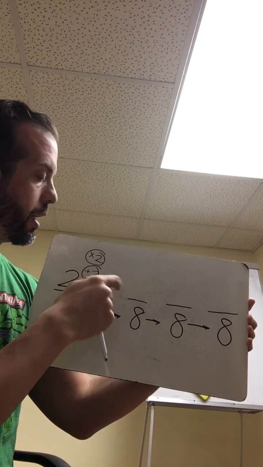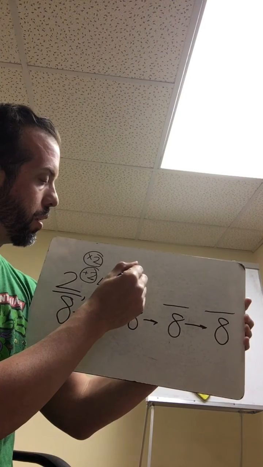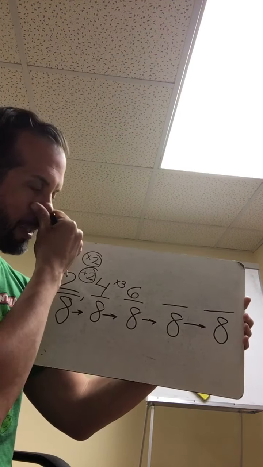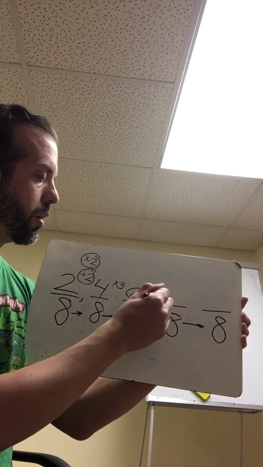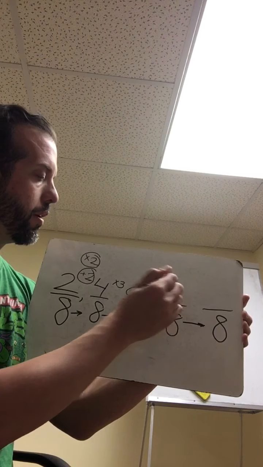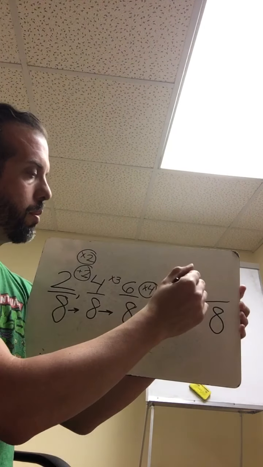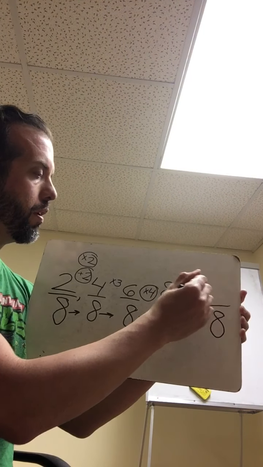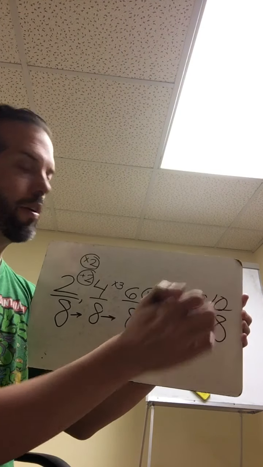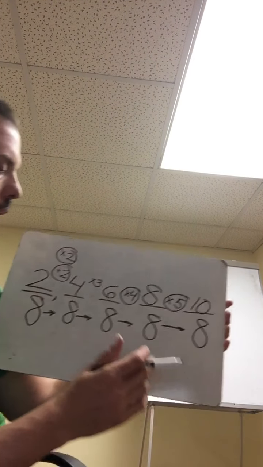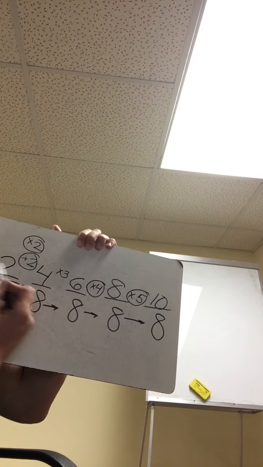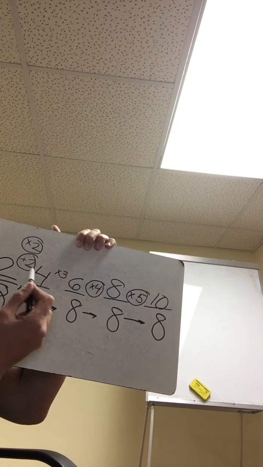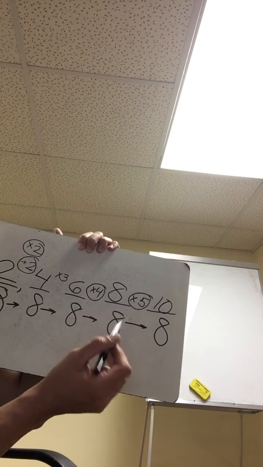You could also say 2 times 3 is 6, 2 times 4 is 8, 2 times 5 is 10. But every single time, we are adding 2 to it, right? 2, 4, 6, 8, 10.